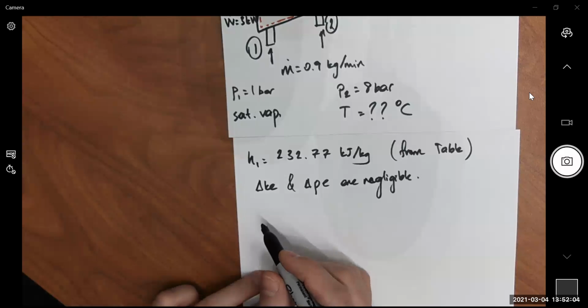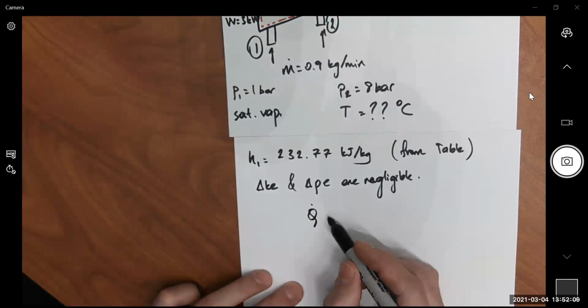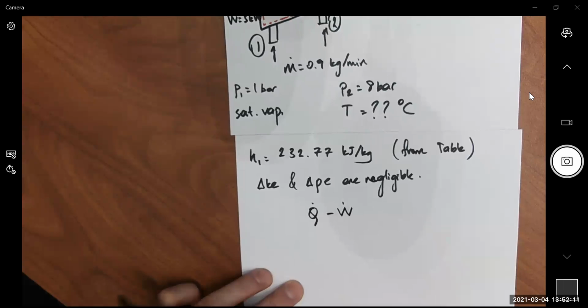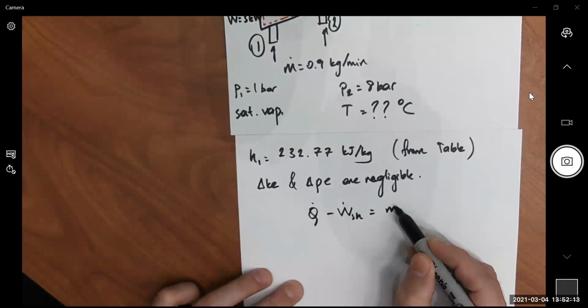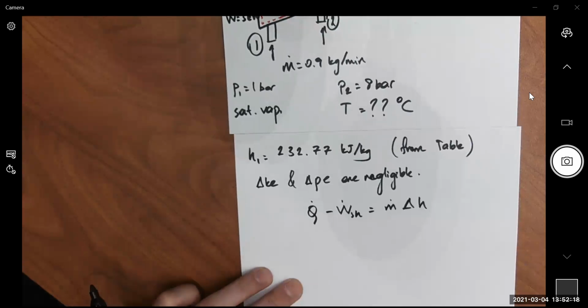Okay. So from first law of thermodynamics, Q minus work, right? Work shaft will be equal to, in this case, M times enthalpy difference.